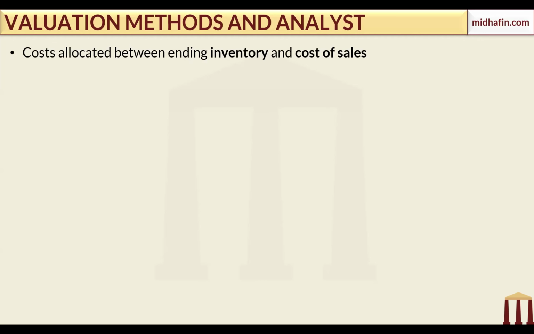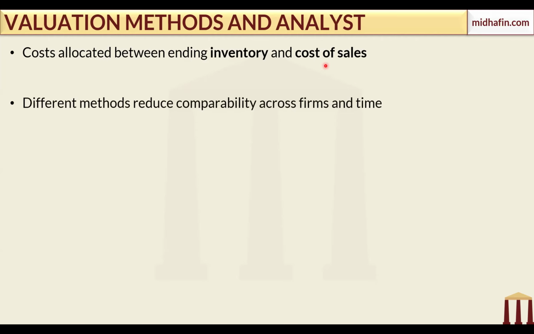So, total cost of goods which is available for sale, that cost will be allocated between these two items, the ending inventory on the balance sheet and the cost of sales on the income statement. So, total cost of goods available for sale, overall is the same. Maybe the allocation might be changing here and there, okay, between the balance sheet and the income statement. Okay, and different methods will reduce comparability across firms and time.